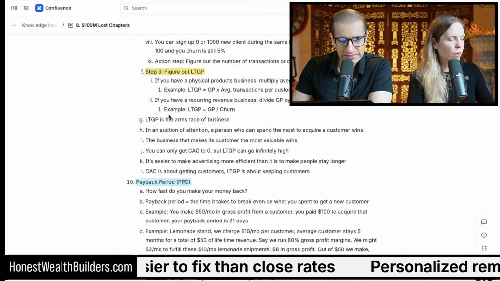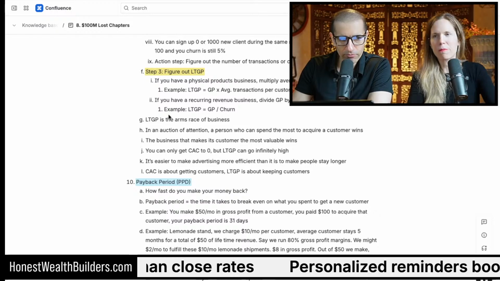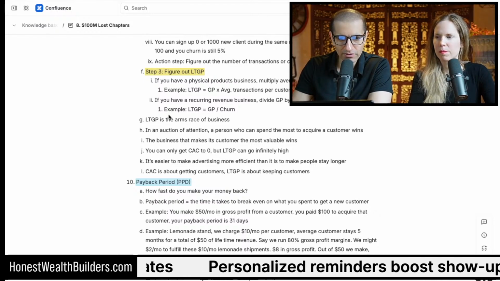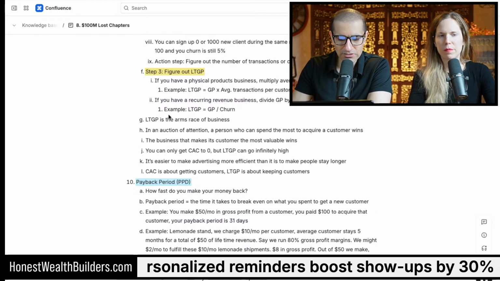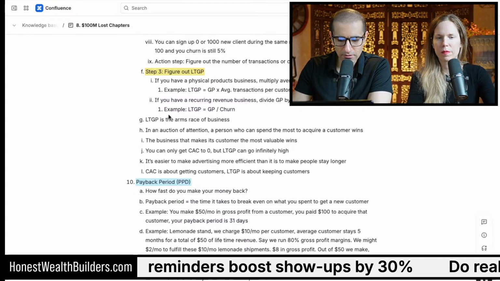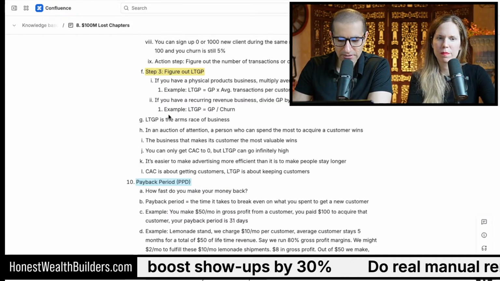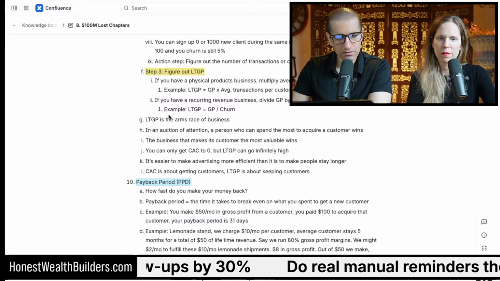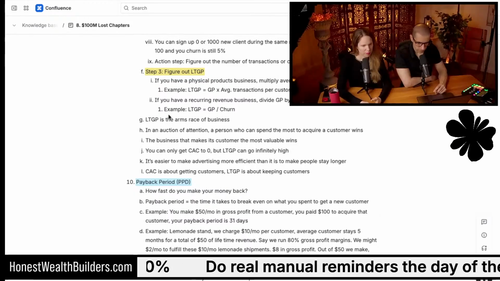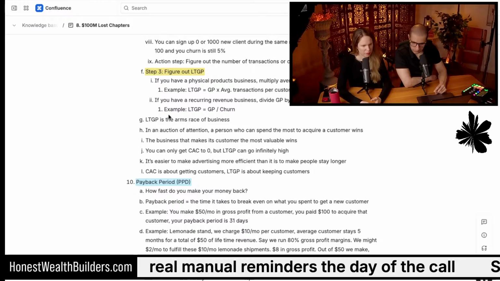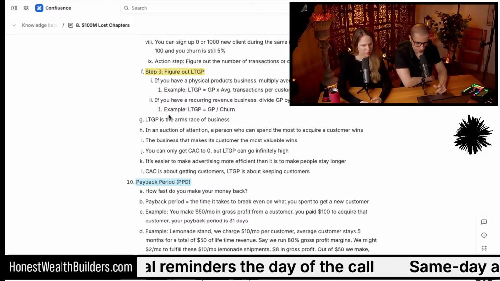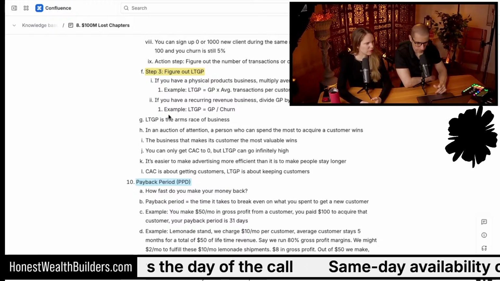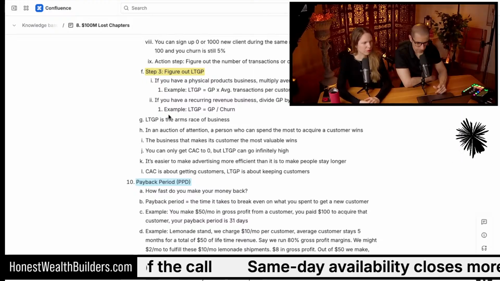Juniper, can you explain this line? Lifetime gross profit is the arms race of business. What does that mean? What is an arms race, and why is that used as an analogy here? When people say lifetime gross profit is the arms race of business, they mean that companies are constantly competing to increase how much long-term profit they make from each customer.